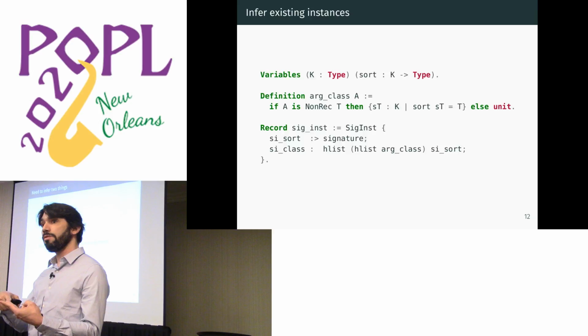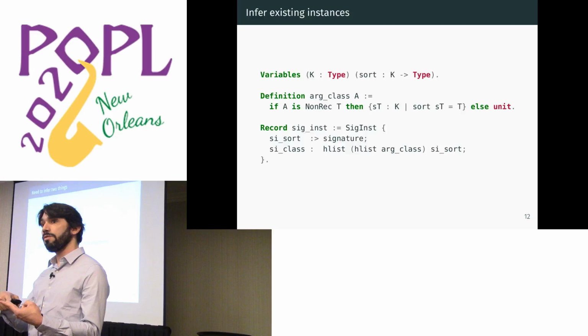Next, we need to show that the argument types for our inductive are instances of the type class that we want to build. For this, I used a little bit of canonical structure inference, right? So here we have, I want to call it a class representation for signatures that lifts the class instances that we have at the level of types.